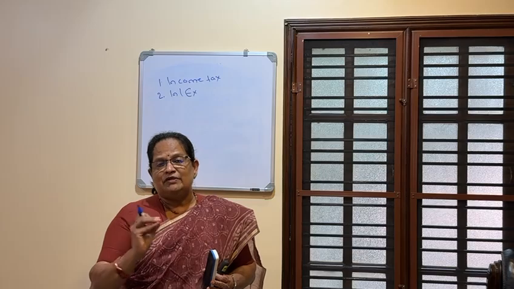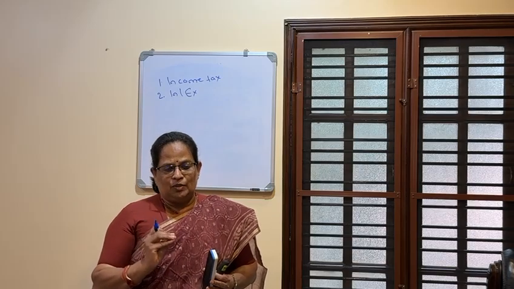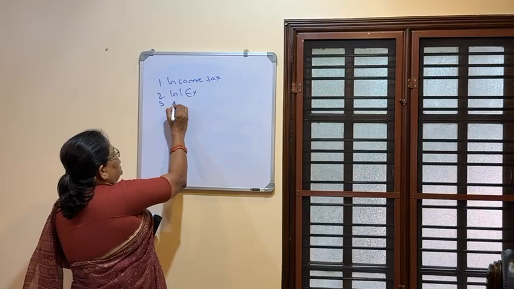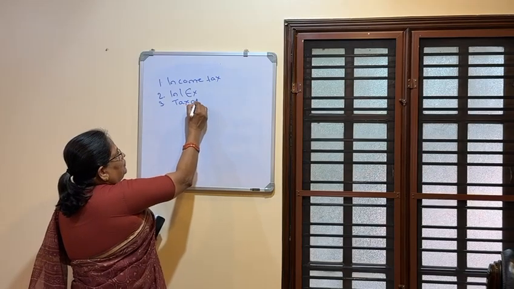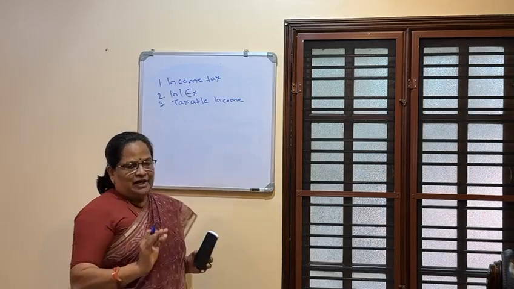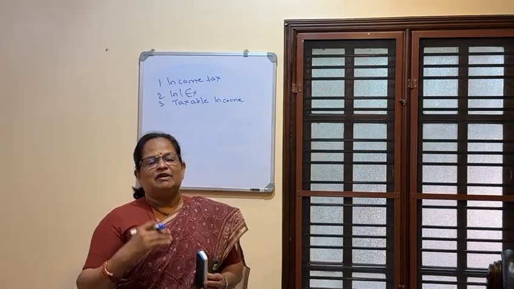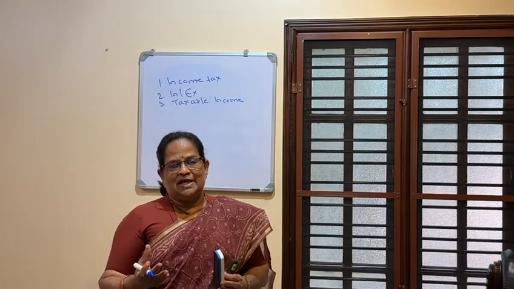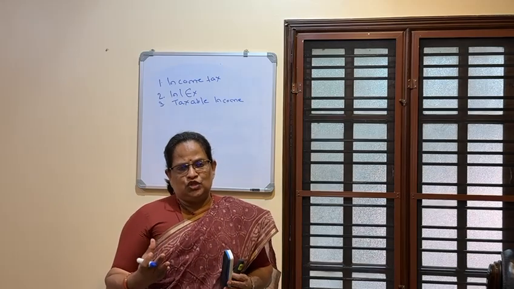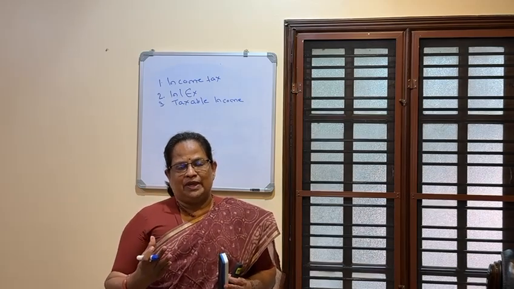This distinction is very important to get the actual profit. Third is correct computation of taxable income. If we are not calculating the correct taxable income, we will not be paying the correct tax, and the government will not get the actual tax we are supposed to pay.